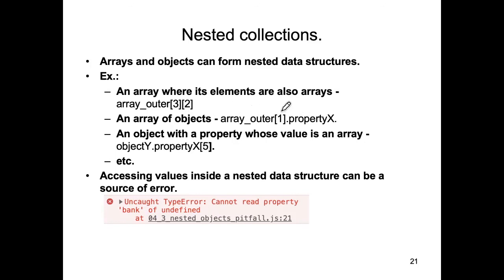But I've said it's an array of objects. So chaining on dot property x means I'm trying to access a particular property within the second object entry in my array, and so on for the other ones. So from a programming point of view, I guess you just have to be comfortable writing this kind of chaining style, which I'm sure you've come across in other languages anyway.